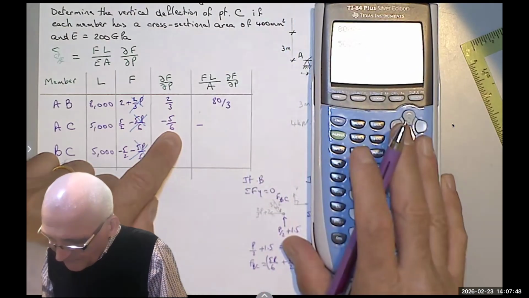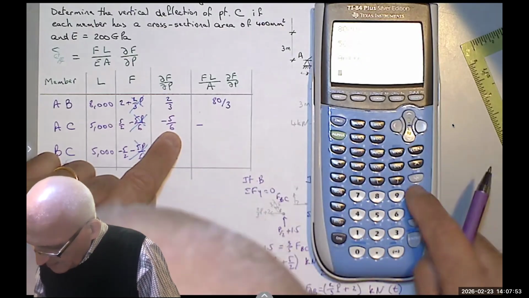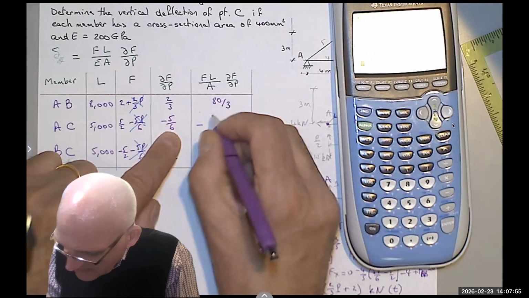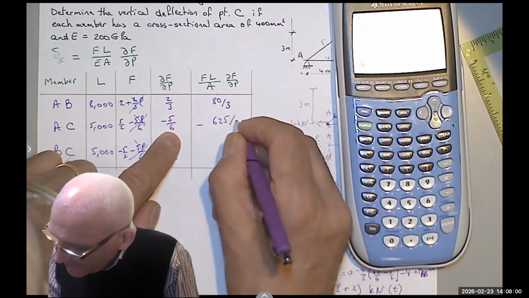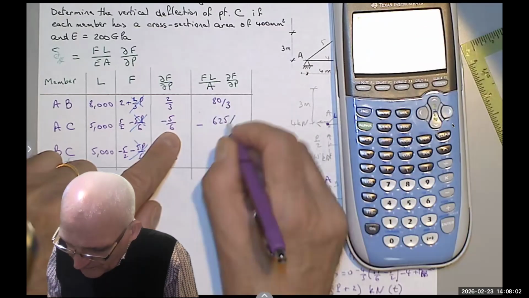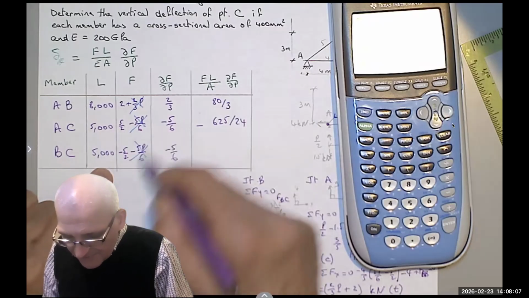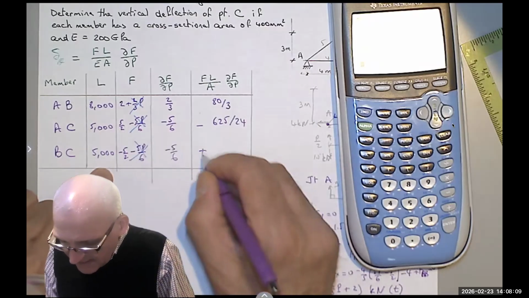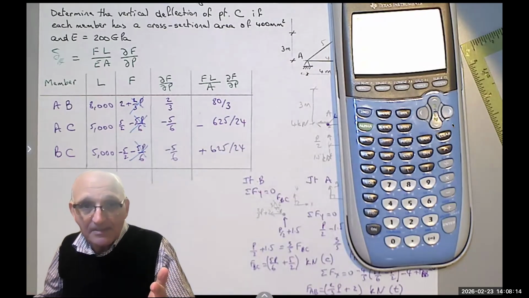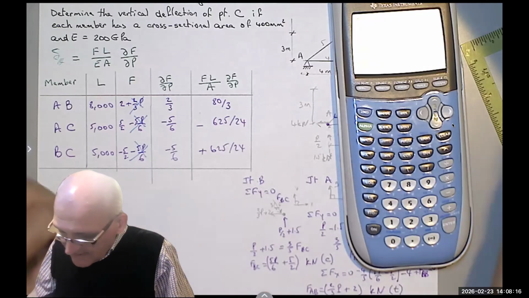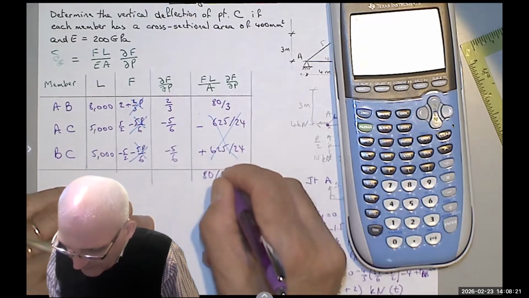If I multiply it by 6 by 4, it's 625 over 24. When you get here, oh, they are the same numbers. So I will get plus 625/24. There is no reason to do it. We know the answer, right? And then when I sum, these two would cancel, and I will get 80/3.